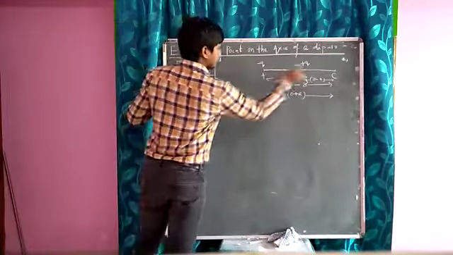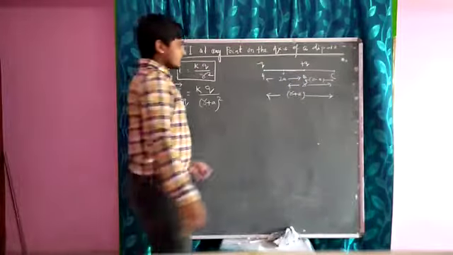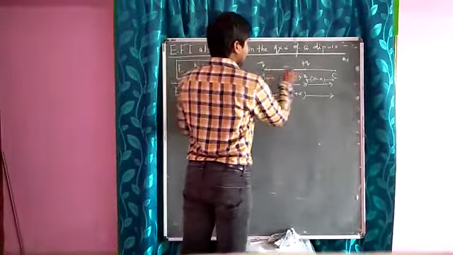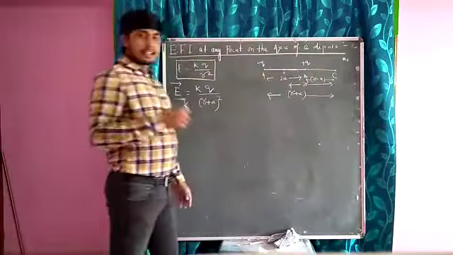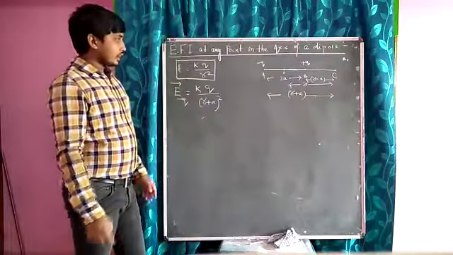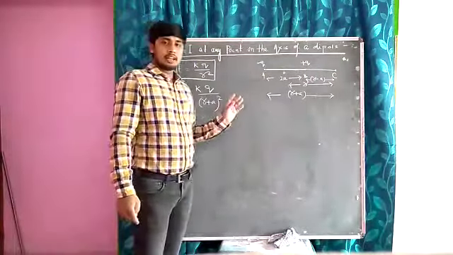Hence, we have to use a unit vector. Let us say along this is our x-axis. So moving from A to C is our positive x-axis, and moving from C to A will be our negative x-axis. And we know that along the x-axis our unit vector is i cap.